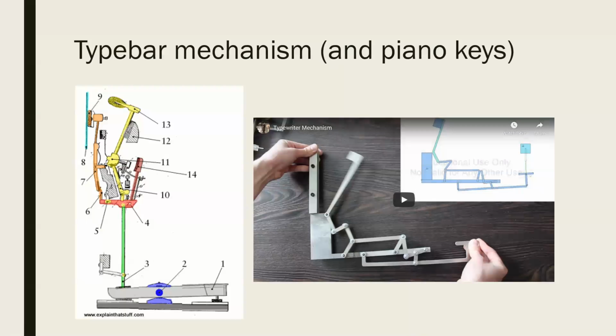To understand why the QWERTY keyboard was developed the way that it was, we have to understand the mechanics of how a typewriter actually works. The action is entirely mechanical. You press a key, and then a system of levers causes a stamp with the shape of a letter to hit a piece of paper.